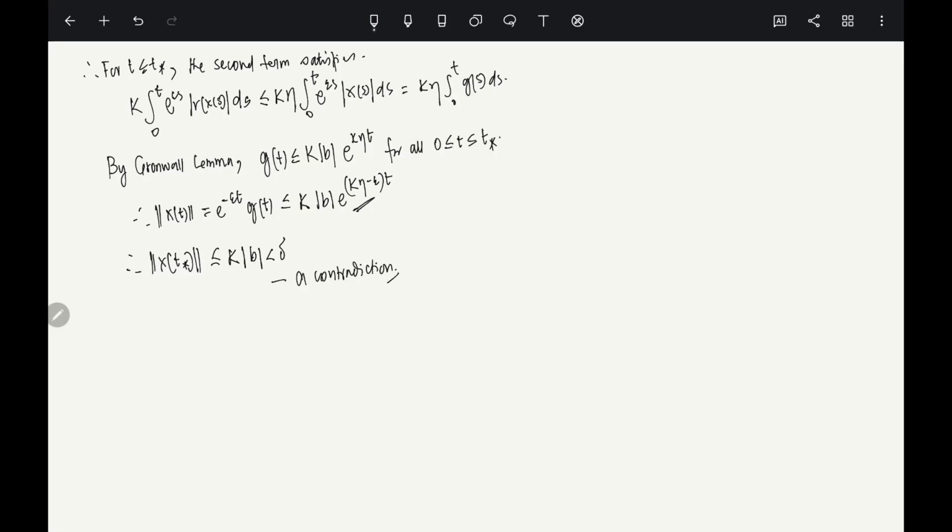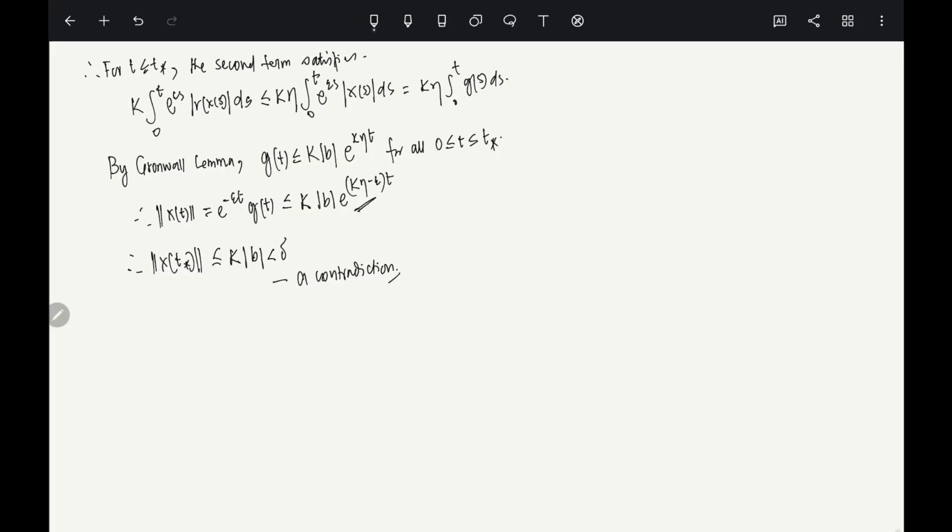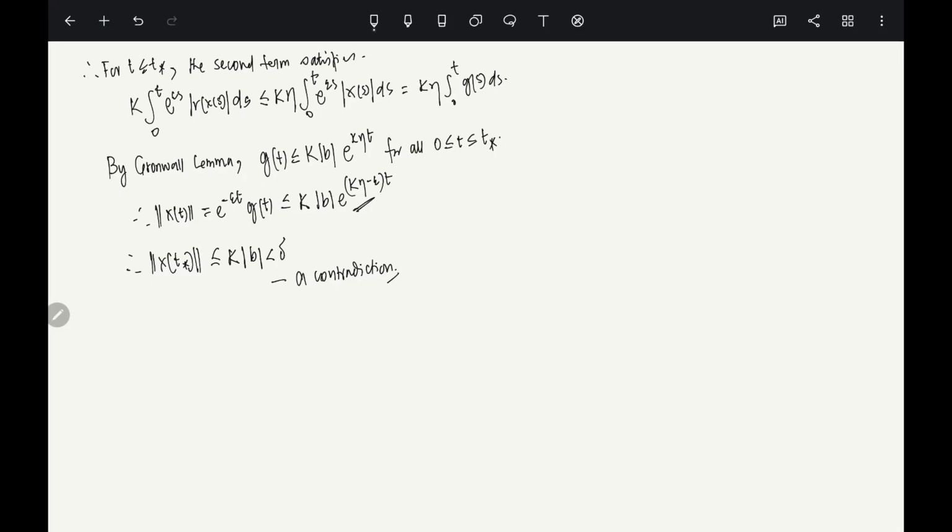So what does it say? If the solution leaves the ball, then there is a contradiction.